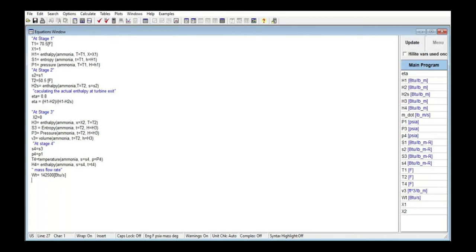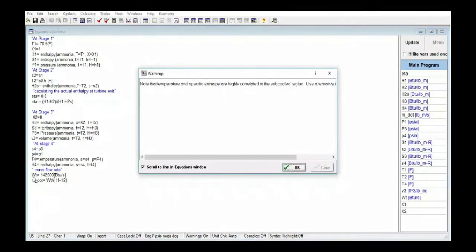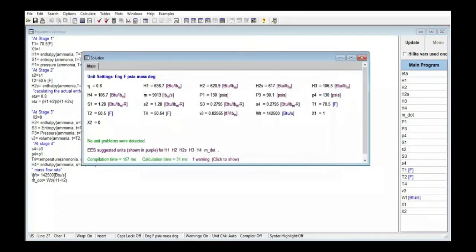Bracket close, and we will now use the formula for the mass flow rate. M dot is equal to Wt divided by H1 minus H2. Okay, we will calculate it. So here comes the M dot 9013.